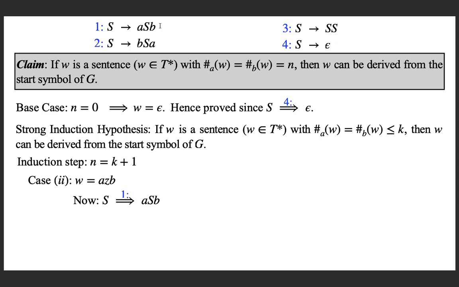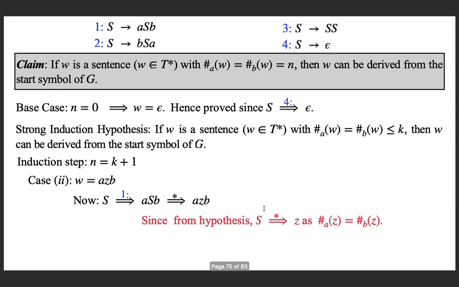You will derive A S B. Now you have to derive Z from this capital S, which you can definitely derive from the induction hypothesis, because in this string you have K plus 1 A's, which have to be the same as the number of B's, and then S must contain a number of A's 1 less than this string. So definitely the number of A's is less than or equal to K. So from the induction hypothesis any such string Z can be derived.